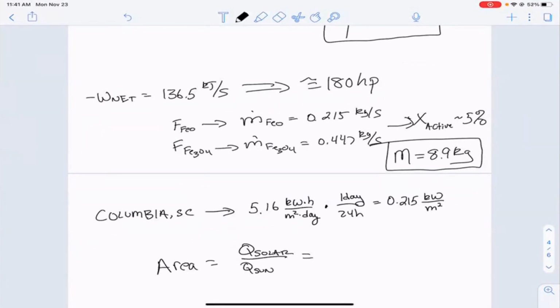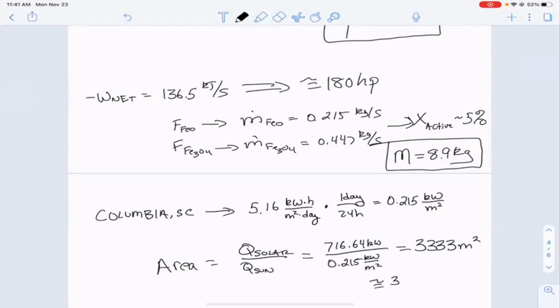And in our problem, we calculated this was 716 kilowatts, or kilojoules per second, divided by 0.215 kilowatts per meter squared. And that is 3,333 meters squared, which for those who don't love the metric system, that's about 35,860 square feet.